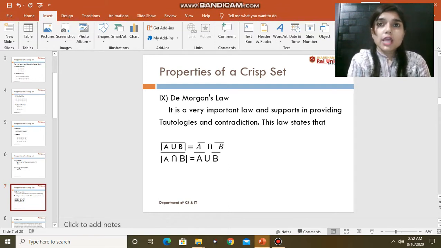What is a tautology? If the output of a truth table contains only true, then it is a tautology, and if it contains only false, then it is a contradiction.